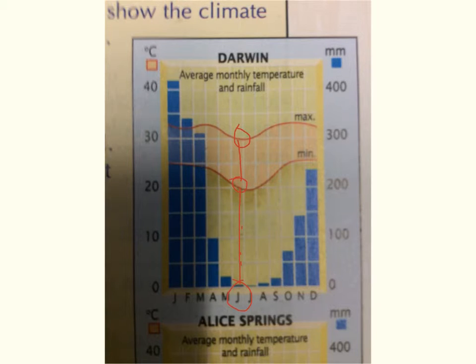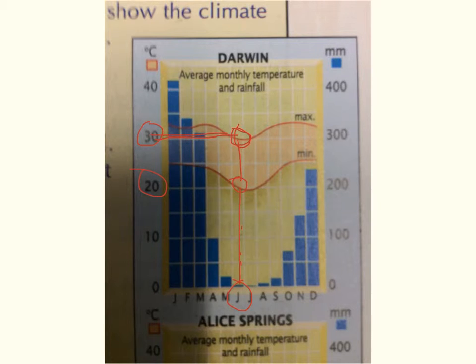Okay? And we read it off by looking left and lining it up with our scales, or our vertical labels. So you can see that for January, the average maximum temperature sits at around 30 degrees.